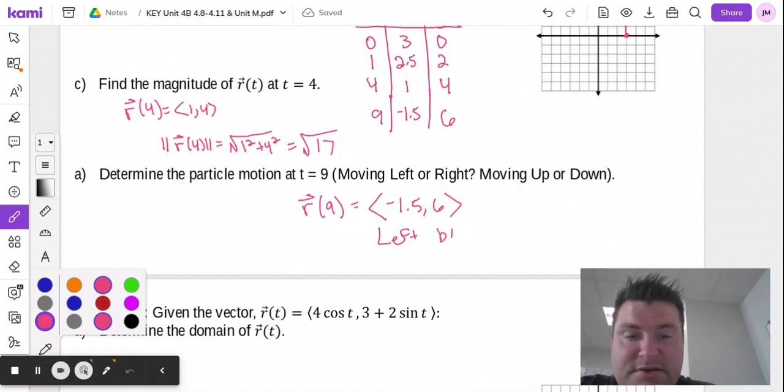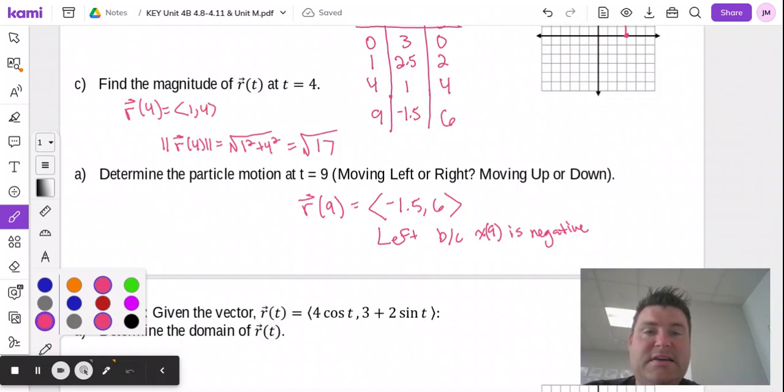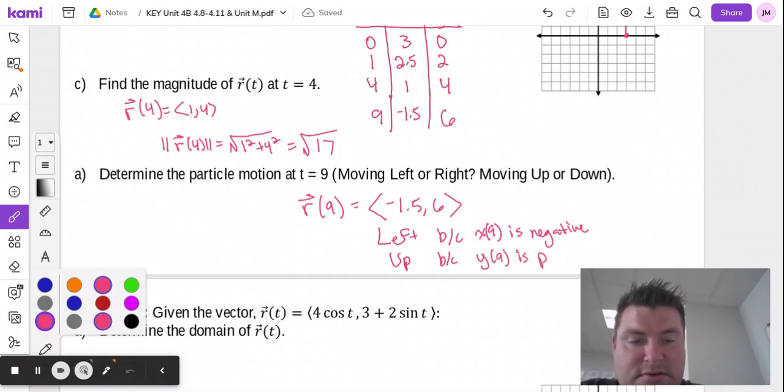We're left because x of 9 is negative. And then the 6 represents the up or down. Since we're positive, we're going to represent up because y of 9 is positive.